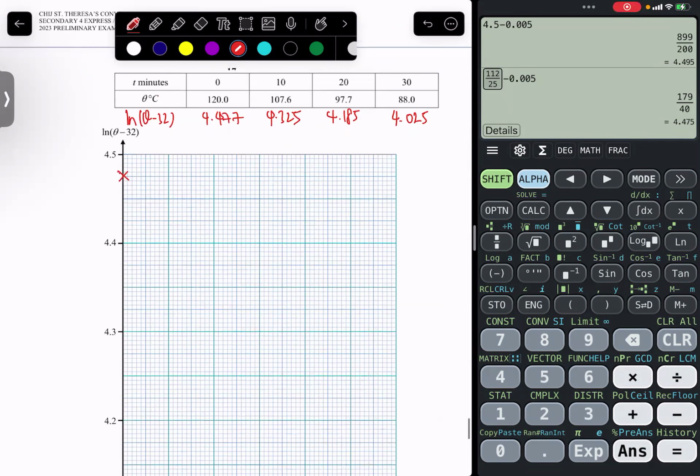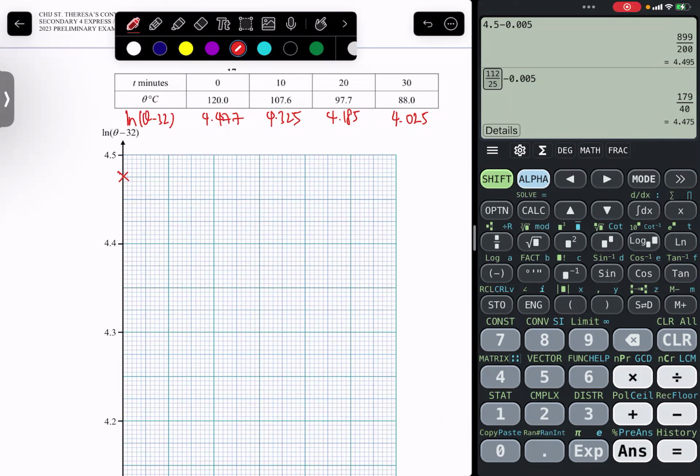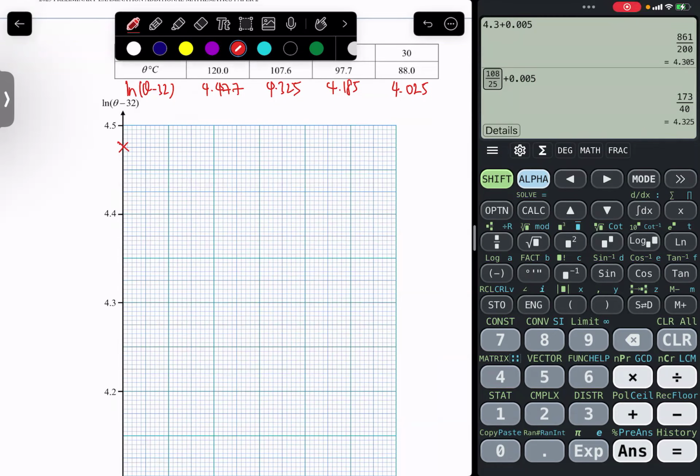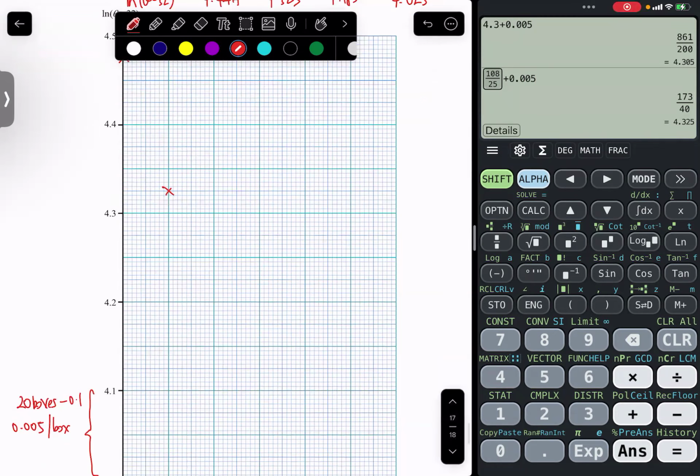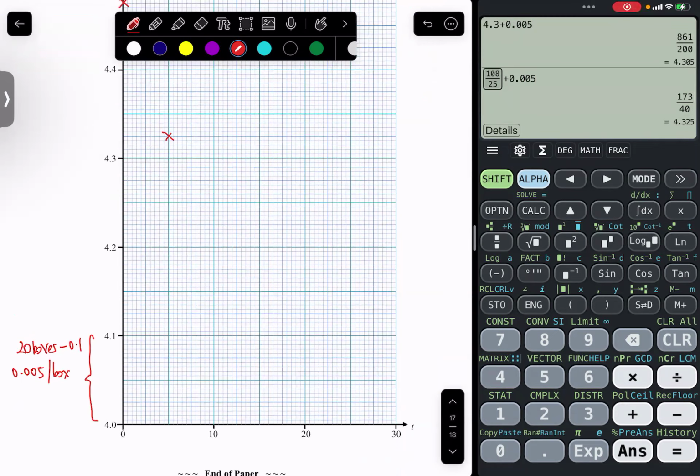Then we have 4.325. So 4.3 plus 0.005 times 5, 1, 2, 3, 4, 5. Okay, 5 blocks. So 4.325, and 10 is here.